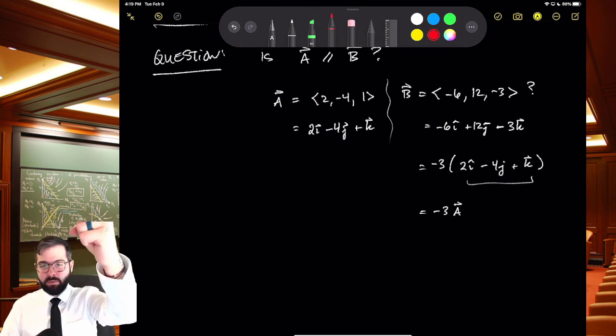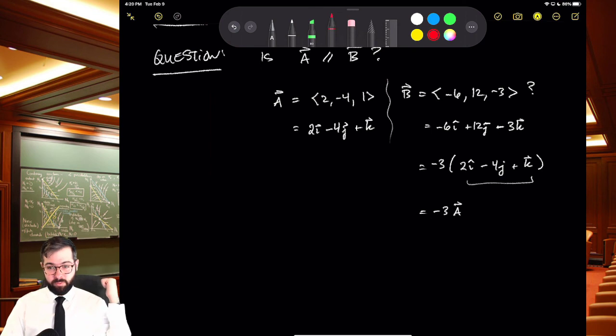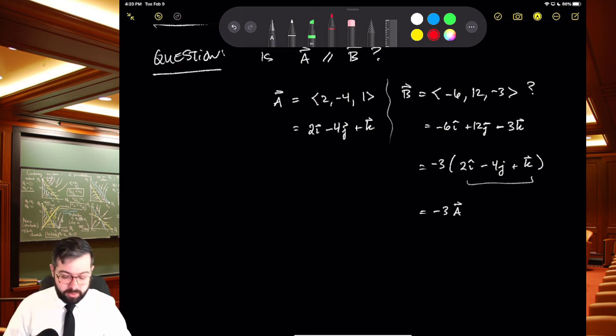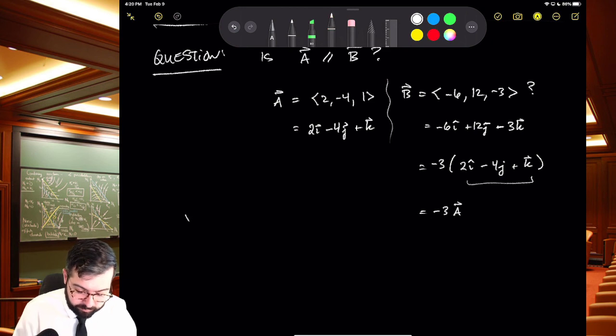Made it 3 times longer and reversed the sense, right? Reversed the direction. So it flipped it, 180 degrees, not really because we're in 3 space, right? But flipped it the opposite direction. So reflection through the origin, right? I'm pointing backwards. So yes, they're parallel.